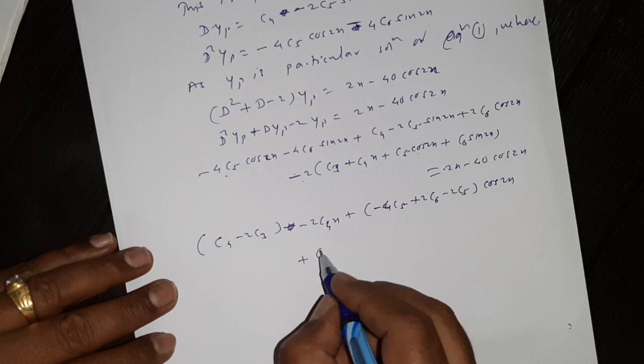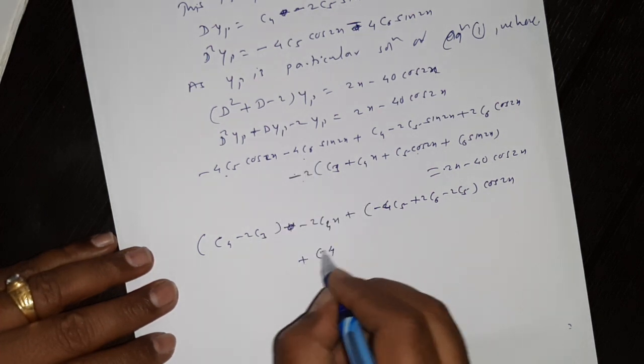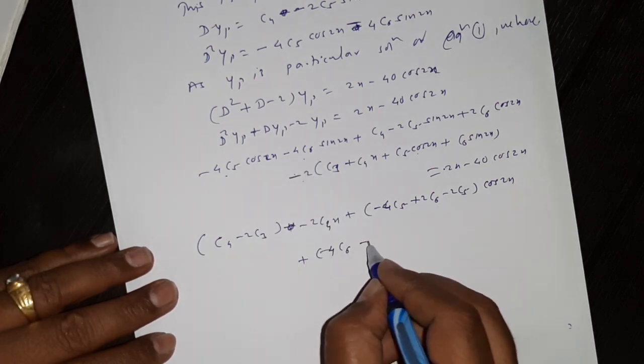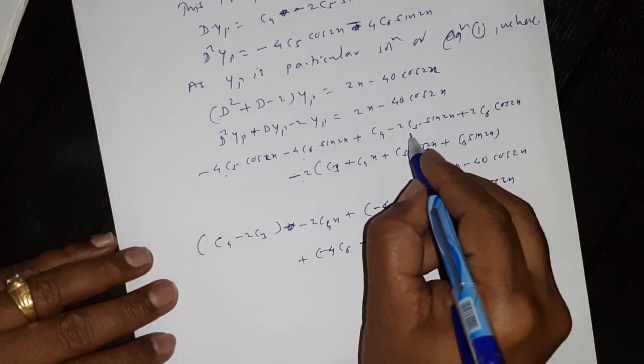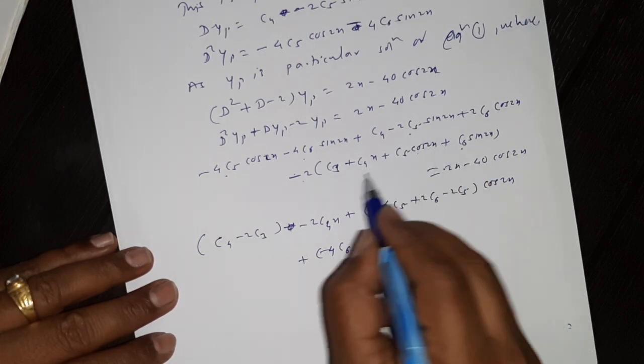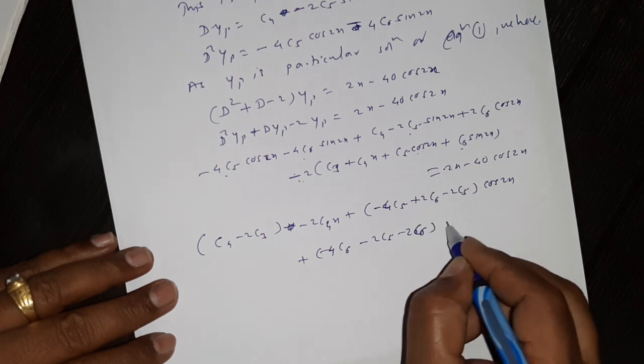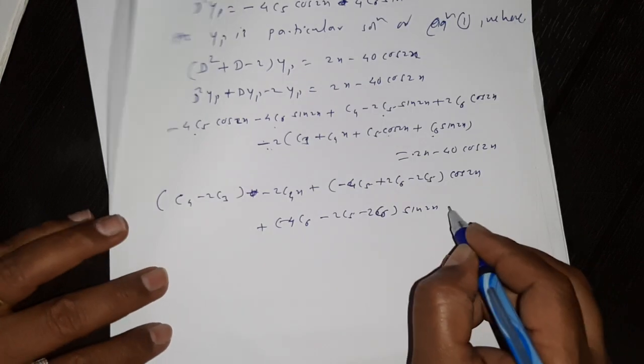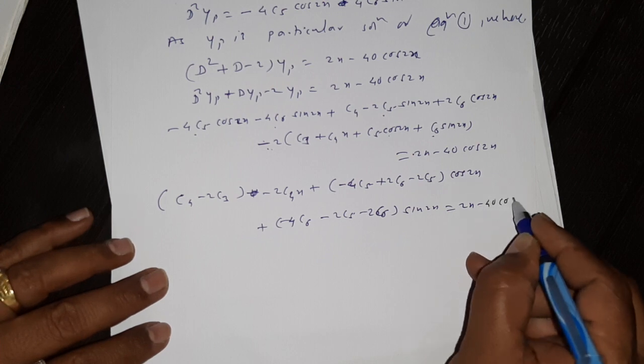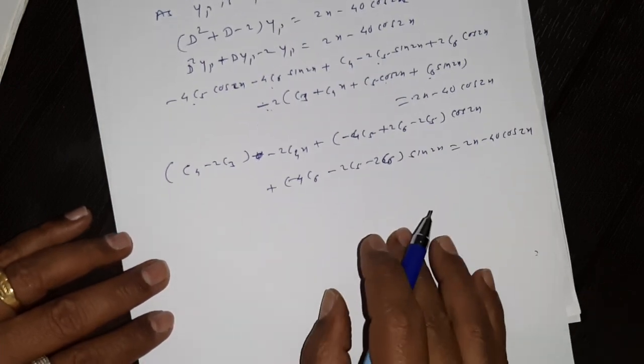Then the coefficient of sin 2x, minus 4 c6, minus 2 c5, this term, then this term minus 2 c6 sin 2x is equal to 2x minus 40 cos 2x.